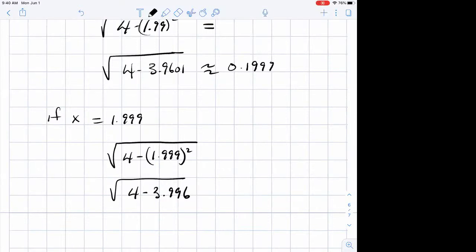Take the square root, and this becomes approximately 0.063.